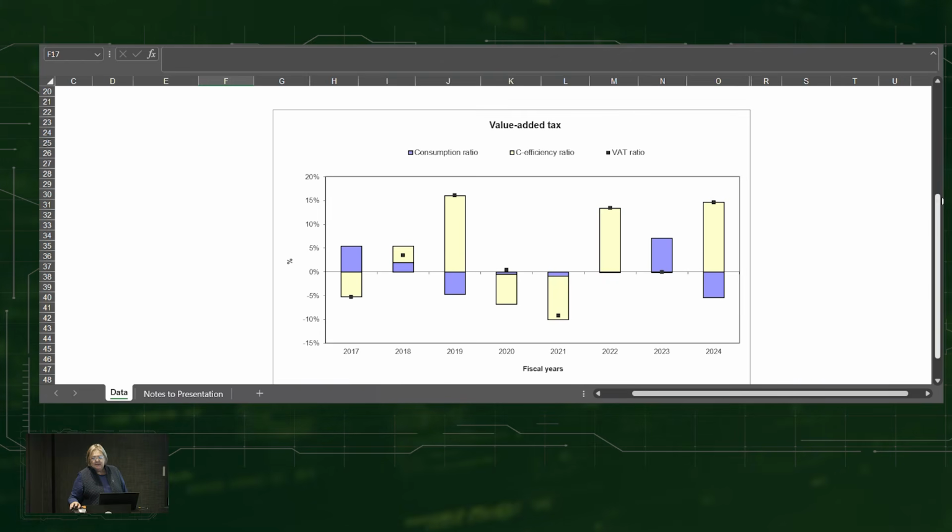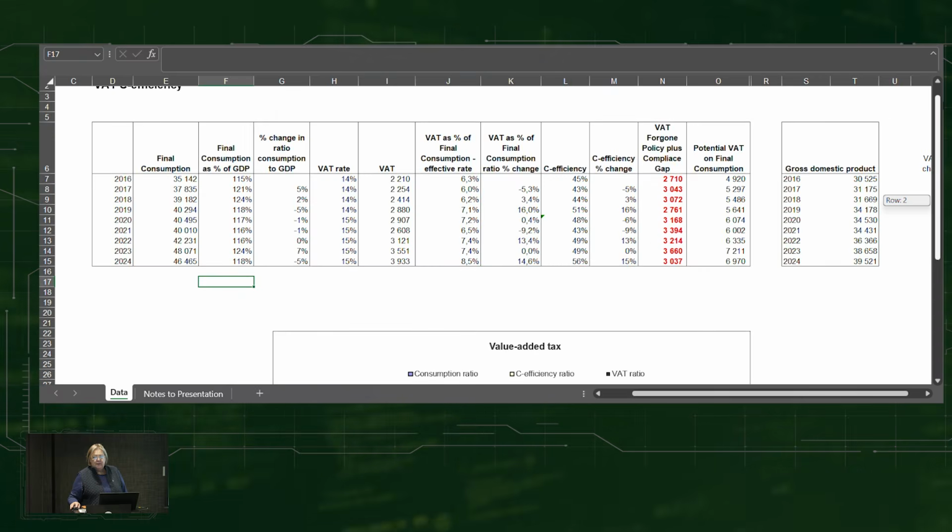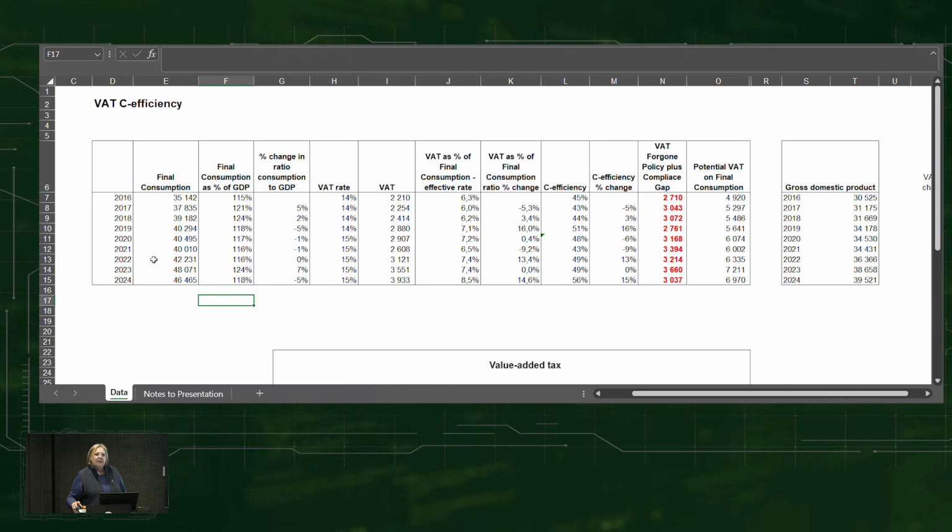So this is already telling you a story that you won't have if you don't do this analysis. And like I said, if you want to refine your base better, you are able to do that. If you want to see your VAT efficiency on your VAT on imports, you could also do that if you want to refine your data.